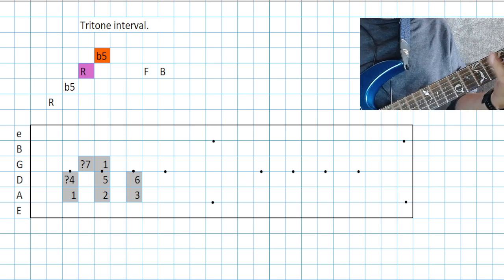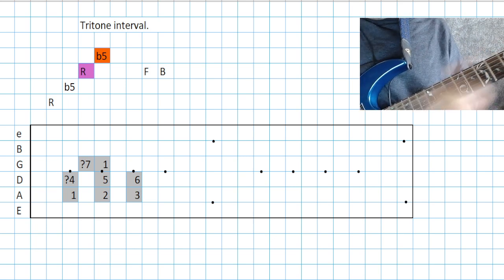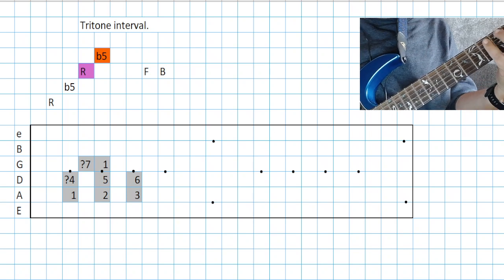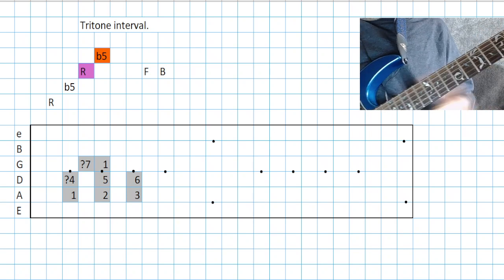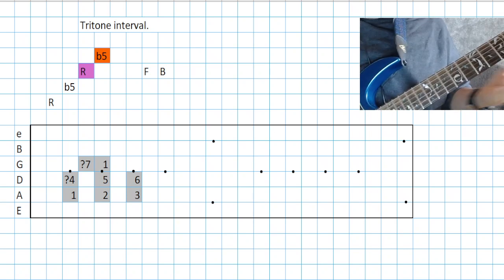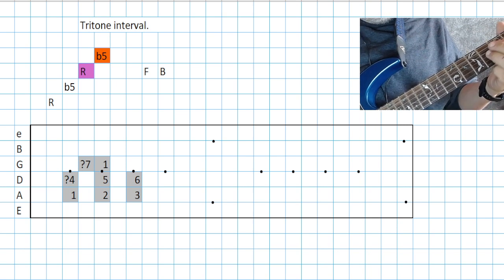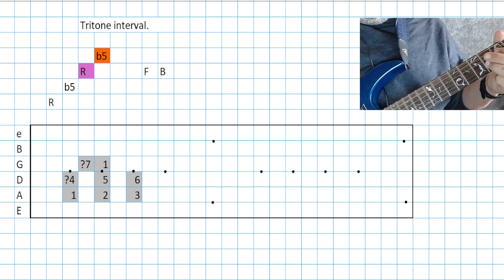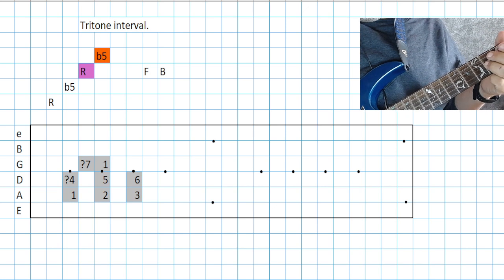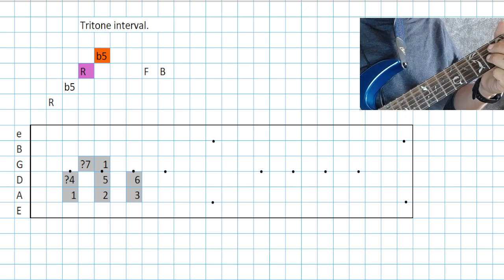All right. So there's the major scale in gray, and C is our example. And there's our tritone interval we've been explaining. Sounds terrible. That explains the colors.